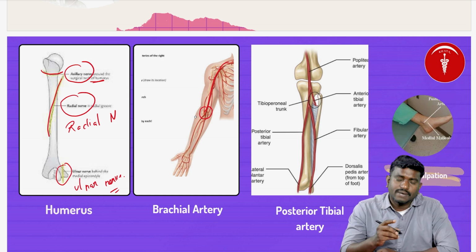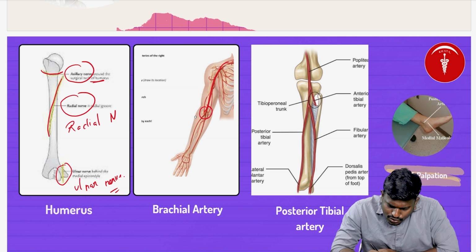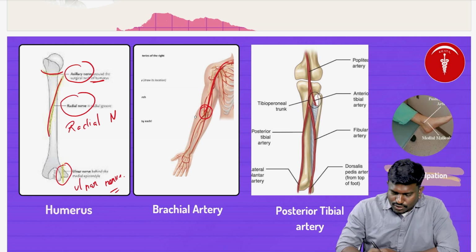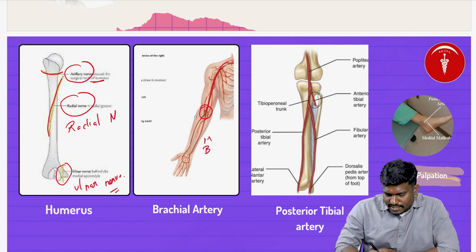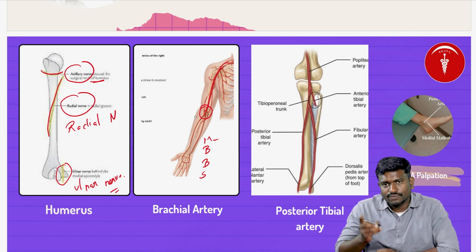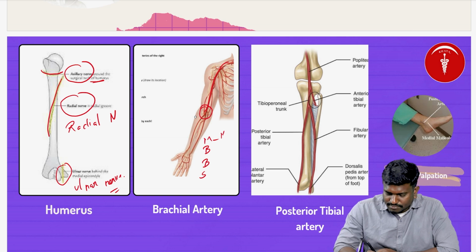Very good. Now remember, in the cubital fossa, it comes with the mnemonic called as what? MBBS. Yes. M is for what? Median nerve. Contents of cubital fossa. Good. And B is for what? Brachial artery.